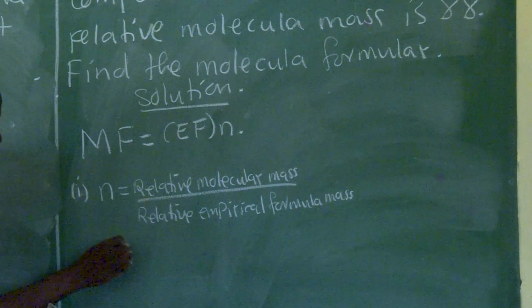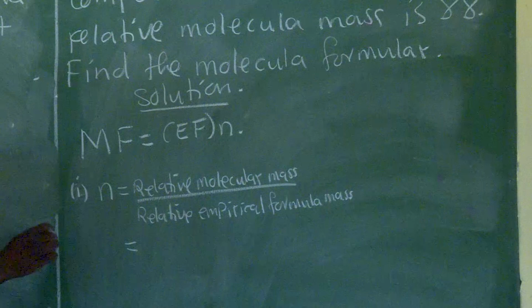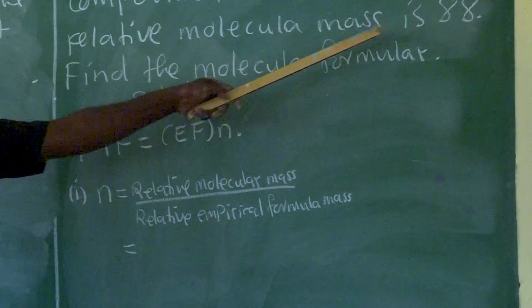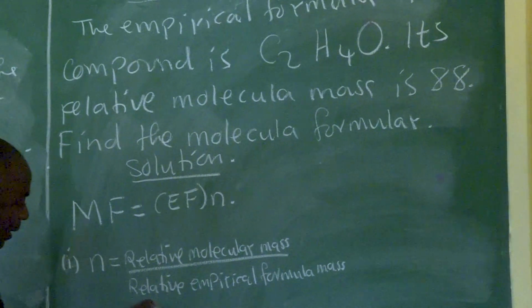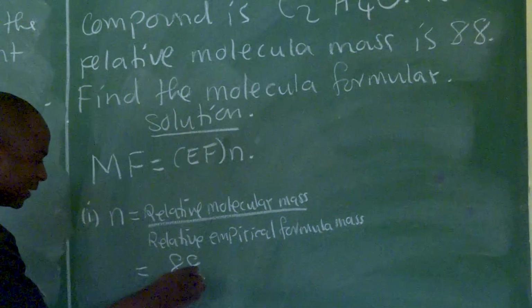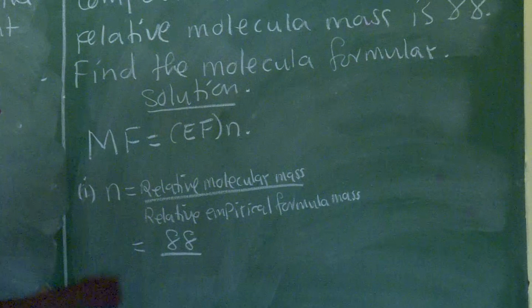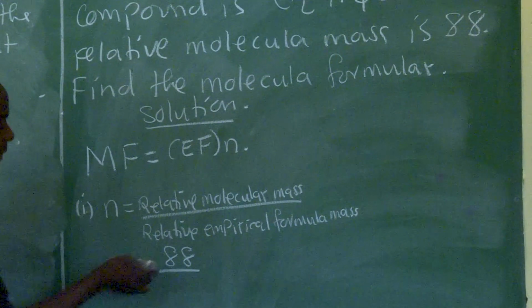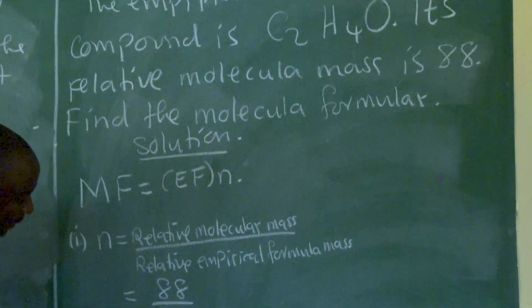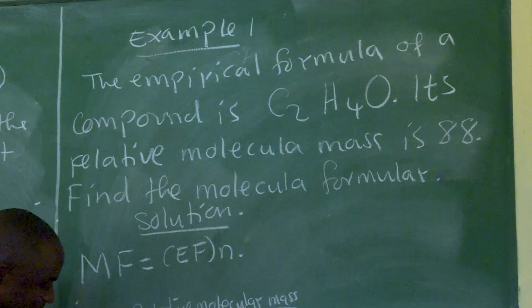So, what is the relative molecular mass? In the question, we have been told it is 88. So you put 88 there, divide this by the relative empirical formula mass. What is our empirical formula we have been given? First, let's bring our empirical formula here.